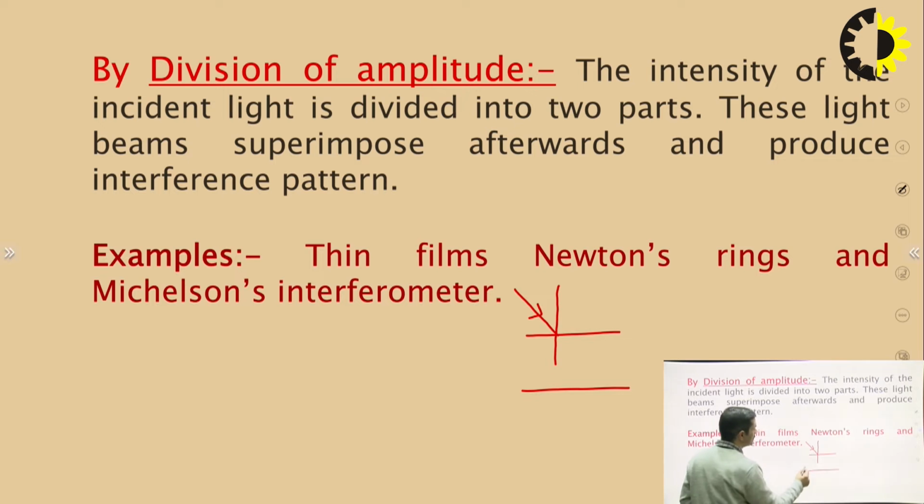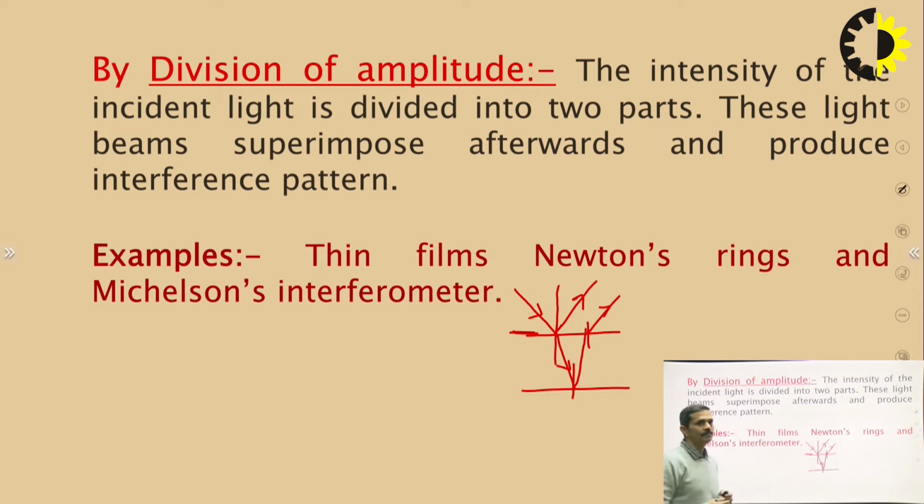If we consider a uniform thickness thin film here, and light is incident on this film, then part of this light will be reflected, part of this light will be refracted, and so on. So we will have two reflected lights here, R1 and R2, in this process.